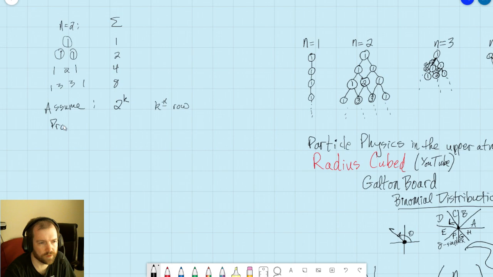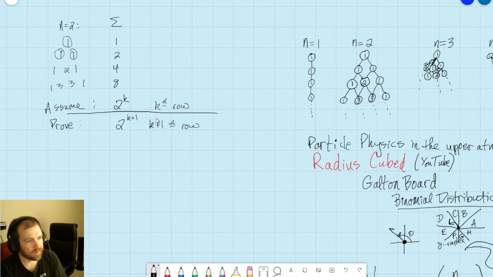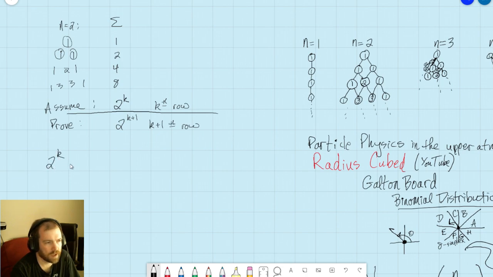So then prove that 2 to the k plus 1 is what we're going to get on the k plus 1th row. Okay. So for this, we're going to end up getting 2 to the k.